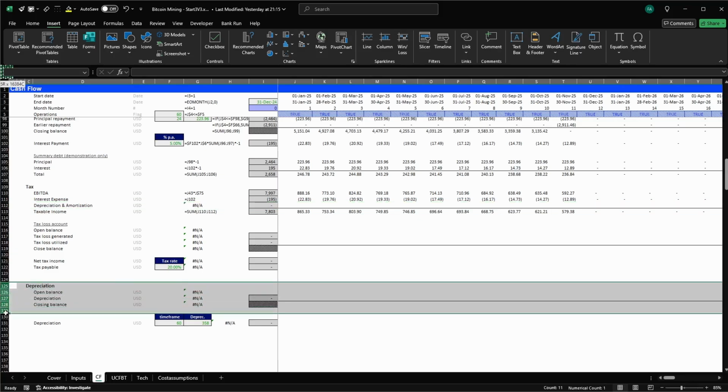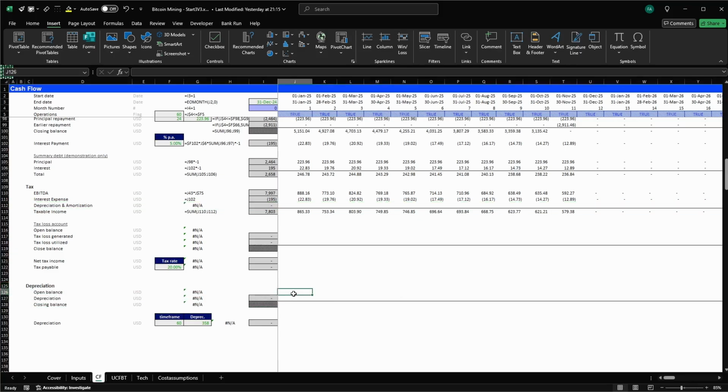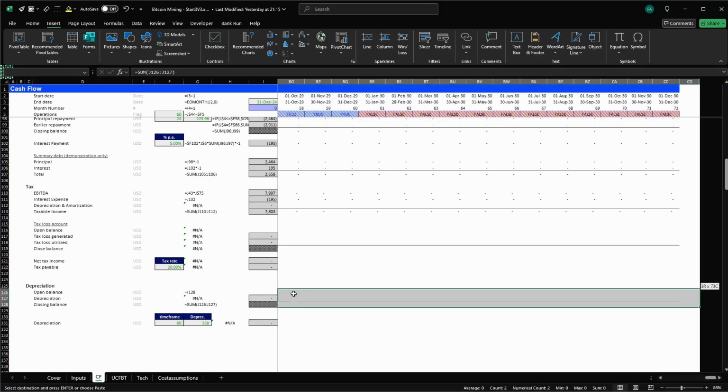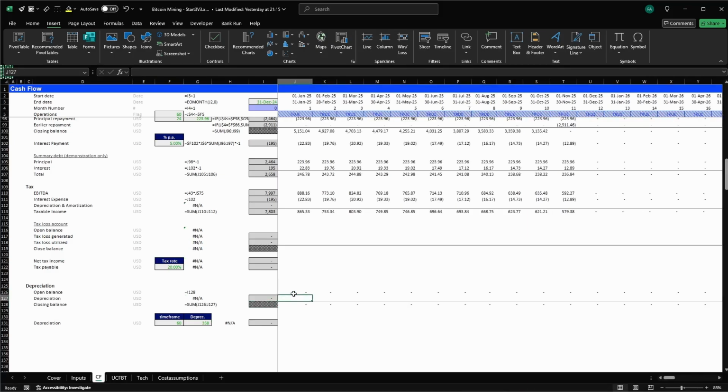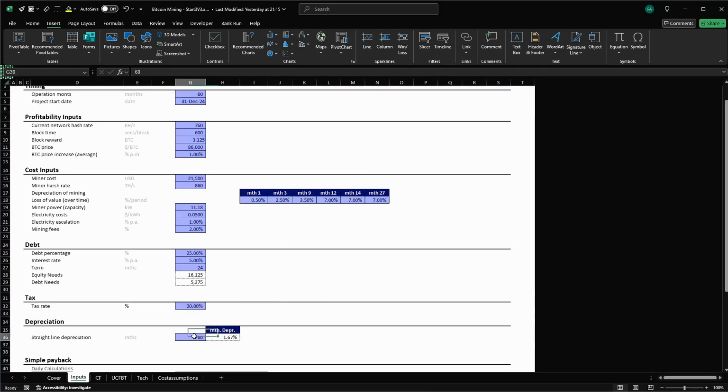So we're going to have a new account where the opening balance is equal to the closing balance of the previous period, and the closing balance is equal to everything above it. Copy and paste across. Here we go. Then we're going to have the depreciation, which we're going to calculate over here. So how does the depreciation work? We're going to be able to depreciate the asset over 6 months at 1.67% per month.